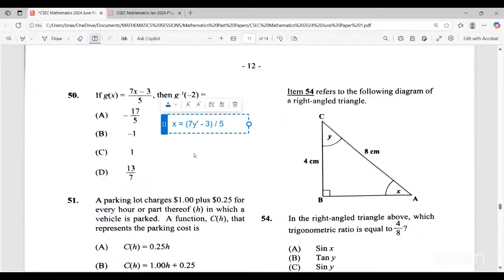And we make y prime the subject. Carry the 5 across, that'll be 5x. Carry the 3 across, so it'll be 5x, what? Plus 3. And then you divide by 7. So (5x plus 3) divided by 7 is your y prime.